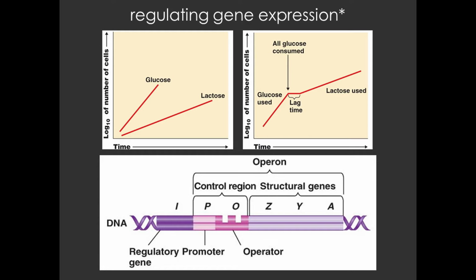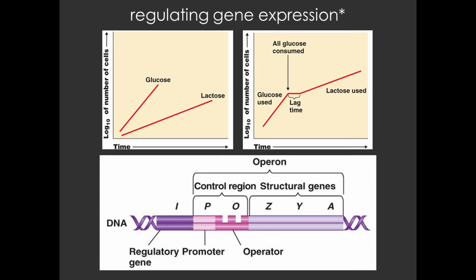So catabolism, of course, means the breaking down of those food products in order to fuel the production of ATP, and anabolism refers to those processes within the cell which require ATP in order to make building blocks of the cell. The two examples that we're going to use today: the lac operon involves the catabolism of lactose, a disaccharide sugar. Then we'll switch gears and move to the anabolism of tryptophan, an amino acid.